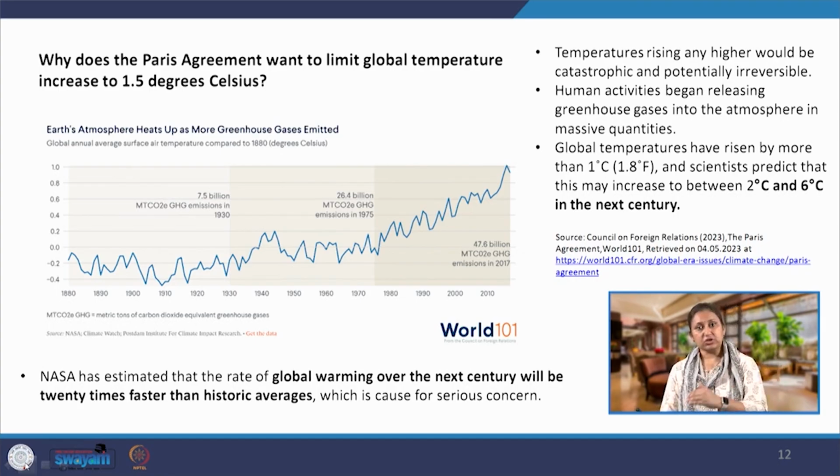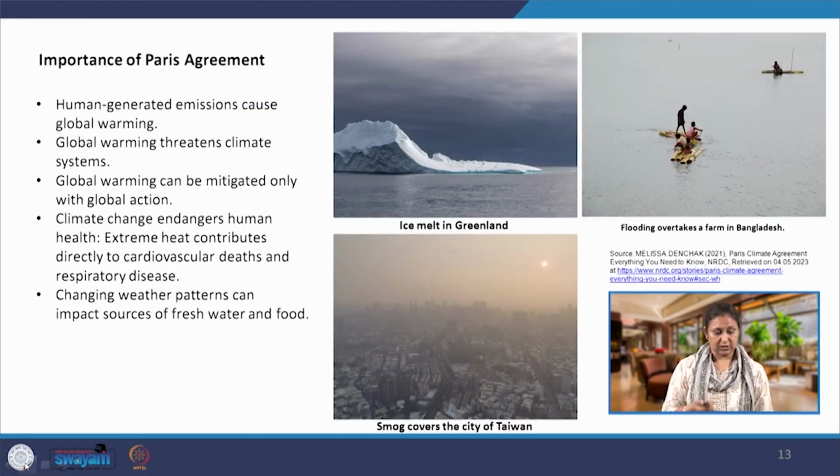The human population is going to decline, the flora and fauna population is going to decline, and we will all be struggling to survive if the temperatures cross 2 degrees centigrade. So, the target is to limit it to 1.5 itself, worst case scenario 2 degrees centigrade by 2100 from pre-industrial levels, and we very clearly know that this global warming and climate change that we are witnessing is because of man-made or human-generated emissions, and that is what we have to reduce.